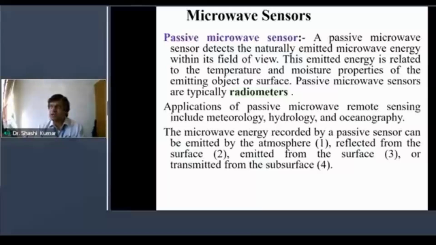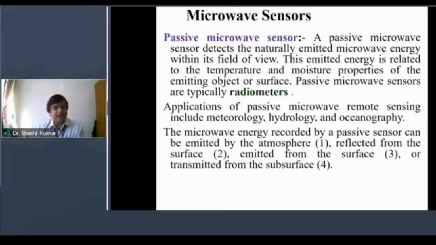They cannot generate their own energy, and they are dependent on the reflection of the sun's illumination from the Earth object. When the sun's light is reflected by the Earth surface, that reflected light will be captured by the sensor, and finally imaging will be done. That concept we are using in optical multispectral imaging.